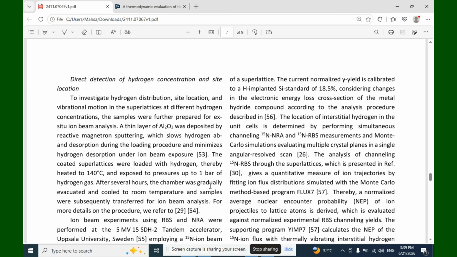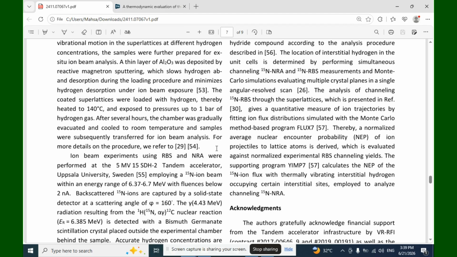The analysis of channeling RBS through the superlattices, which is presented in reference 30, gives a quantitative measure of ion trajectories by fitting ion flux distributions as simulated with the Monte Carlo method-based program FLUX7. Thereby, a normalized average nuclear encounter probability (NEP) of the ion projectiles to lattice atoms is derived, which is evaluated against normalized experimental RBS channeling yields.